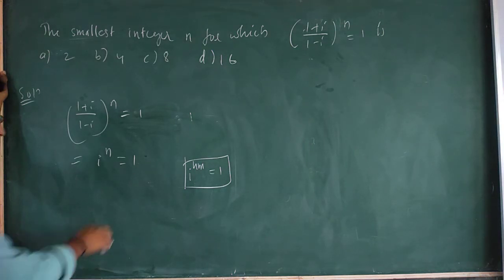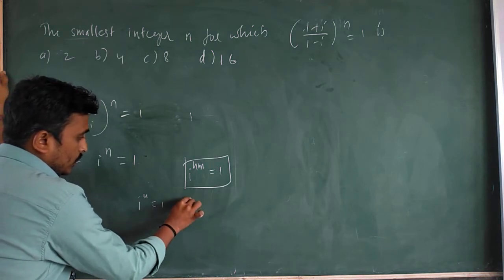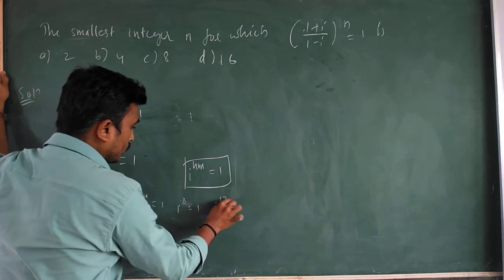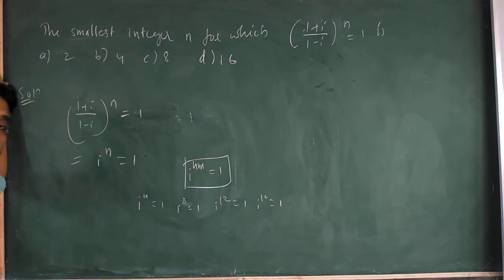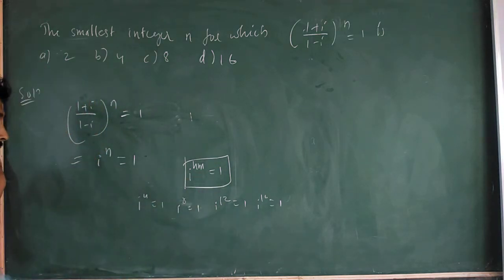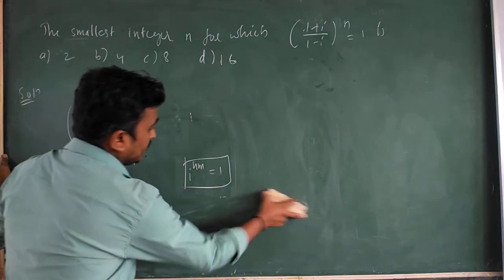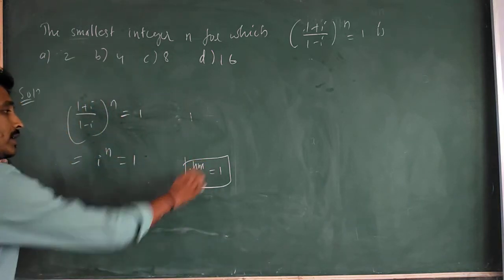Here i power 4 equals 1, i power 8 equals 1, i power 12 equals 1, i power 16 equals 1. All the values are 1. But out of this, which one is the minimum? 4 is the minimum.